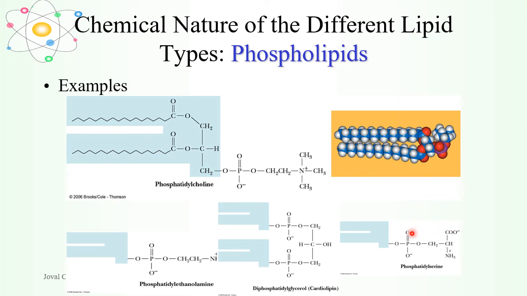We know serine from our amino acids. Serine has an alcohol group, so that can be the alcohol that esterifies to the phosphoric acid of our phosphatidic acid. Again, this is just a survey or sample of some phospholipids that can be found.